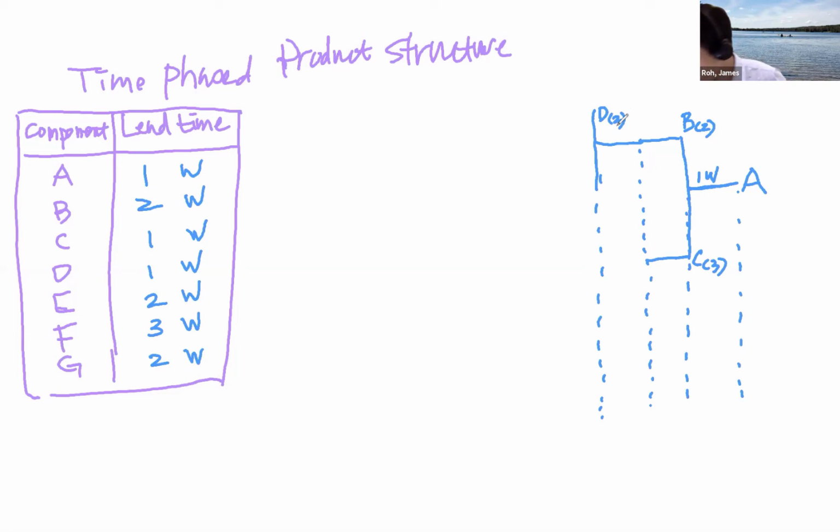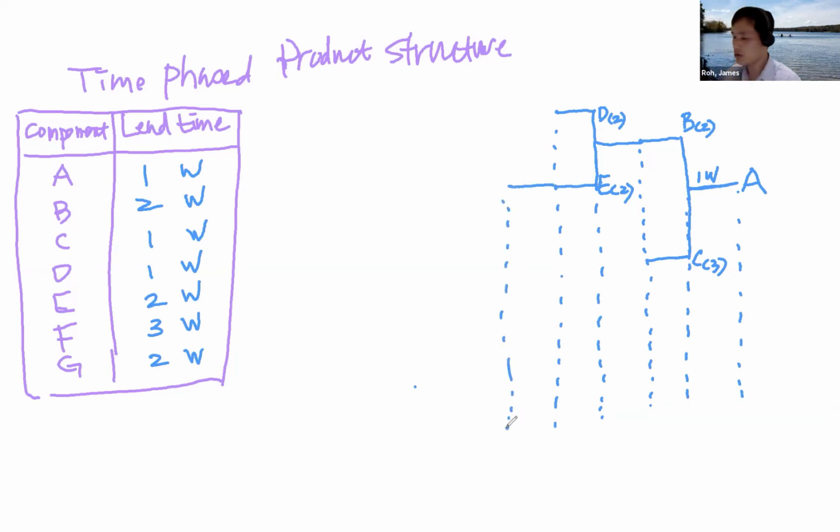And then we also need the package, that's E, and 2 of them are needed per 1 B. And the lead time says you need only 1 week. Okay, 1 week. And then E, it takes 2 weeks. So make 1 more week.